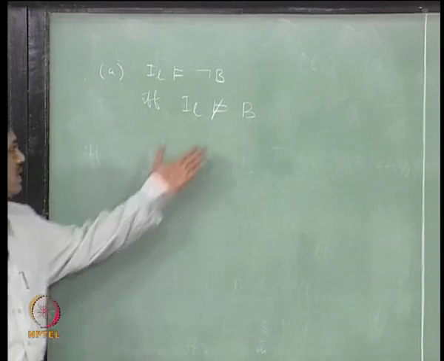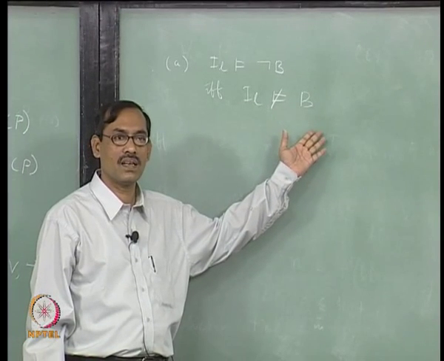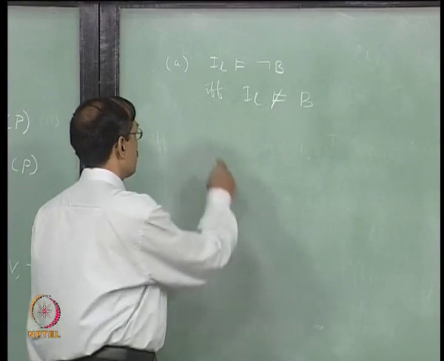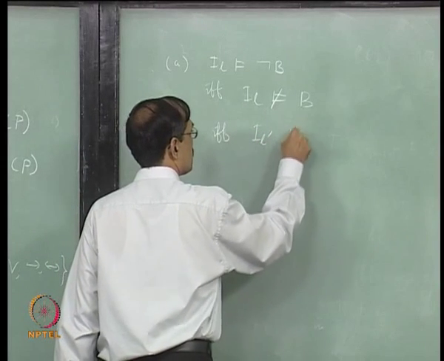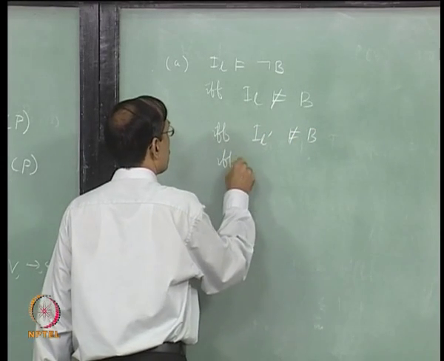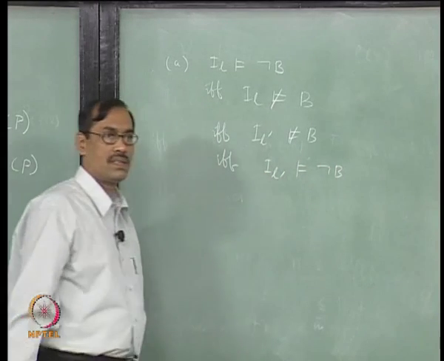Now, use the induction hypothesis, B has only nu less than or equal to k. So, our conclusion holds: I L prime does not satisfy B, if and only if I L prime satisfies not B. It is too mechanical.